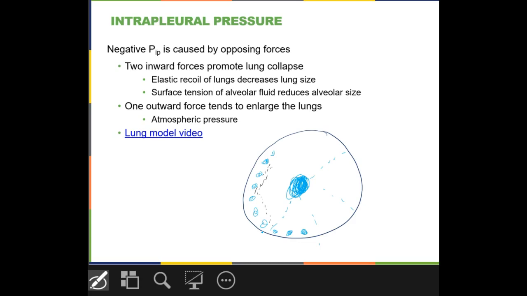So as the water molecules are all being pulled towards the middle because they all want to be next to each other, they're also pulling in on your alveolar wall because they also want to be next to it. So your mucus is basically pulling in on the walls of all of your alveoli, trying to get them to form a ball of mucus in the middle because of this surface tension.